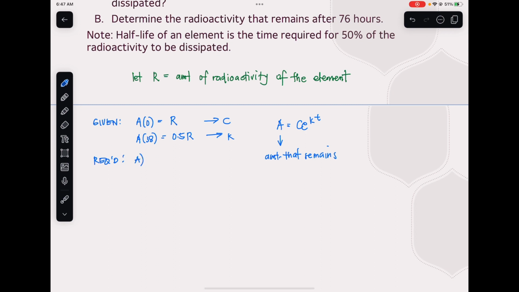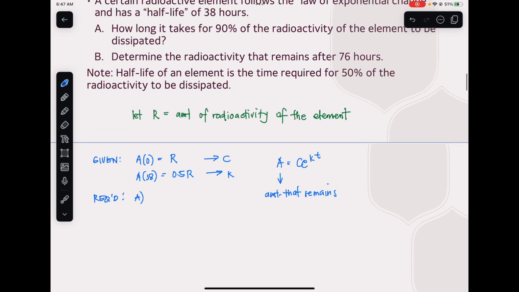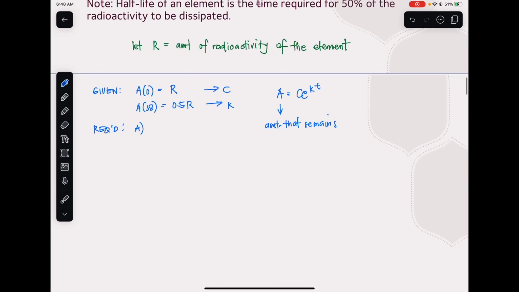So if 90% of the radioactivity of the element dissipated, that means 10% actually remains. Therefore, we are to find the time when the amount that remains is 10% of the original, so 0.1 of R.